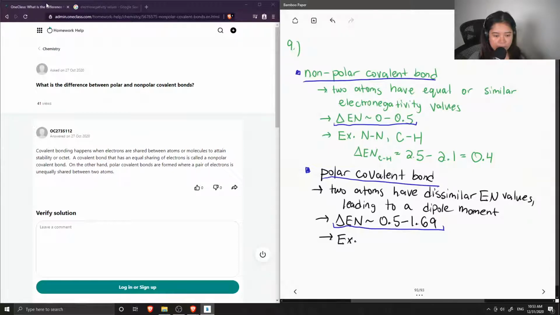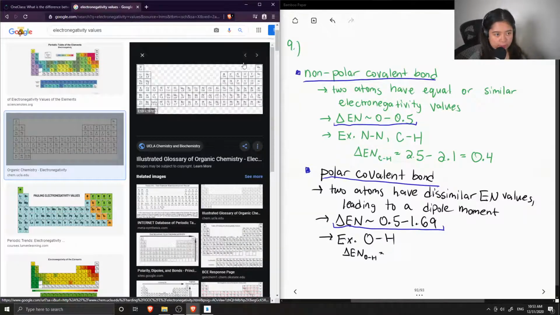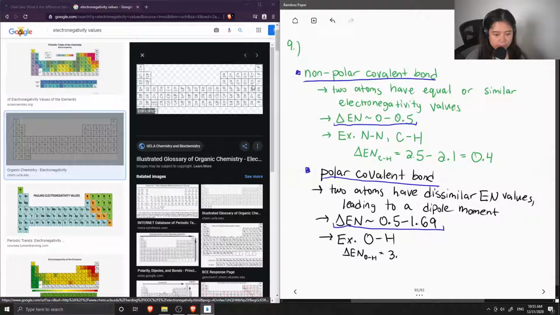And let's look at some examples. So let's say we had the bond between oxygen and hydrogen. Let's calculate its difference in electronegativity. Oxygen has an electronegativity value shown here at 3.5, and hydrogen's is 2.1.